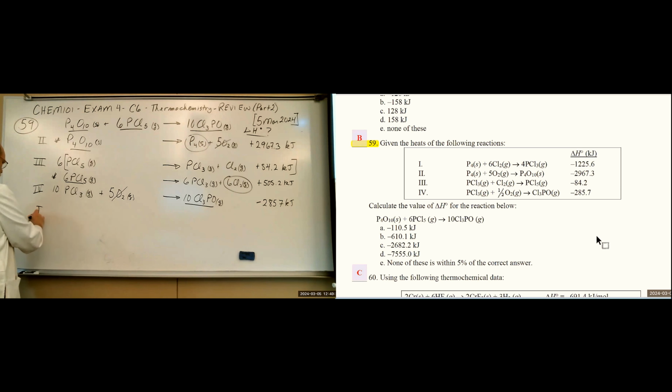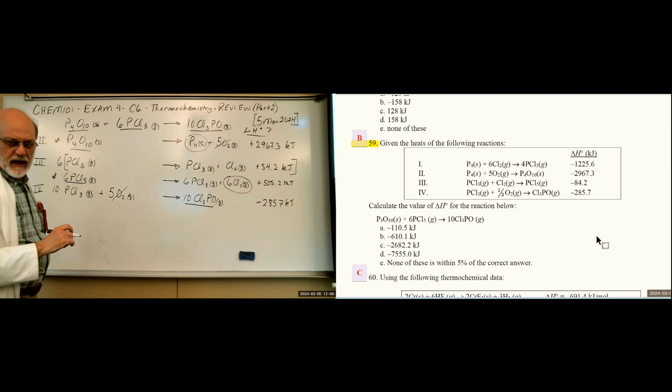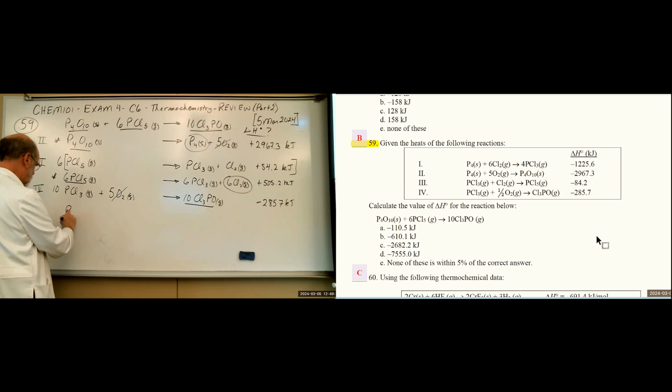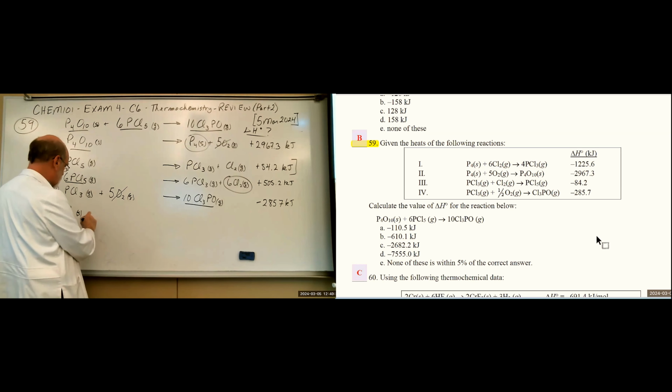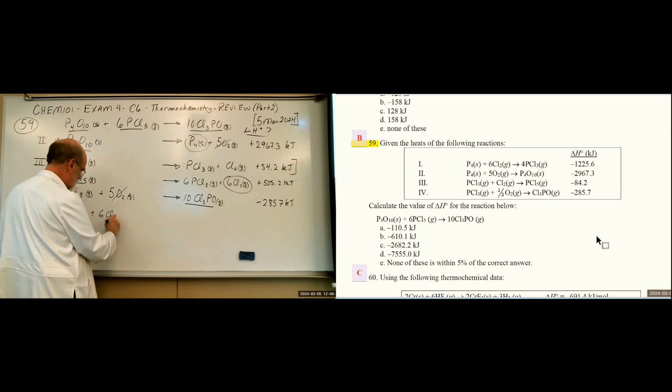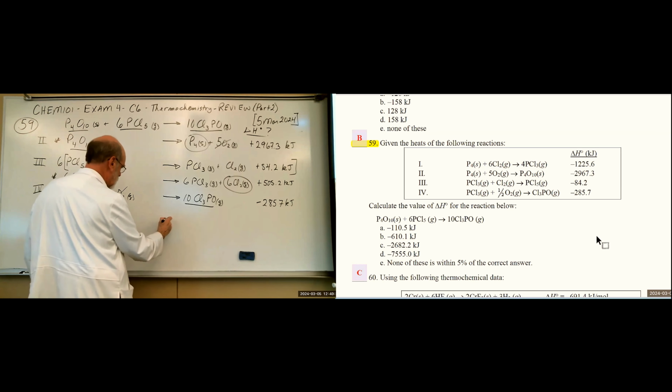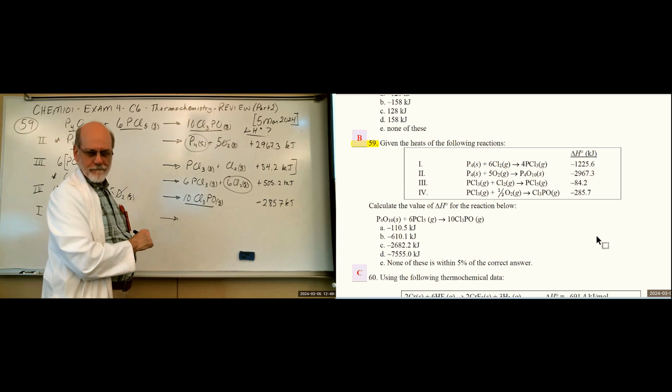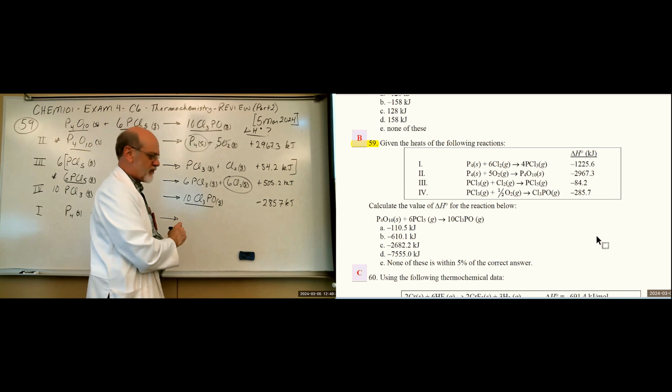Okay, so if we go back to 1, it looks to me like P4 solid plus 6 Cl2 gas yields 4 PCl3.